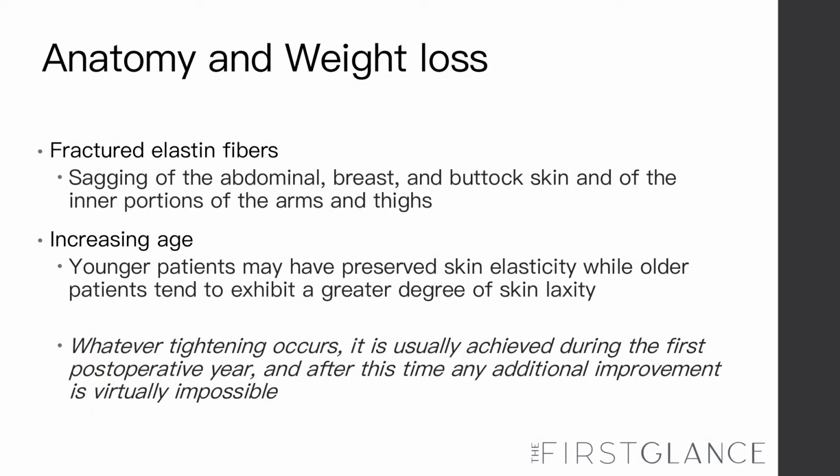So like I said, the elastin fibers end up fracturing or stretching, and this results in that saggy or the ptosis nature of the skin. Where we would see that is in the abdomen, in the breast, or in the buttock, as well as the inner thighs and outer thighs. On top of that, with increasing age, we see less and less return to your previous baseline with that degree of weight loss.